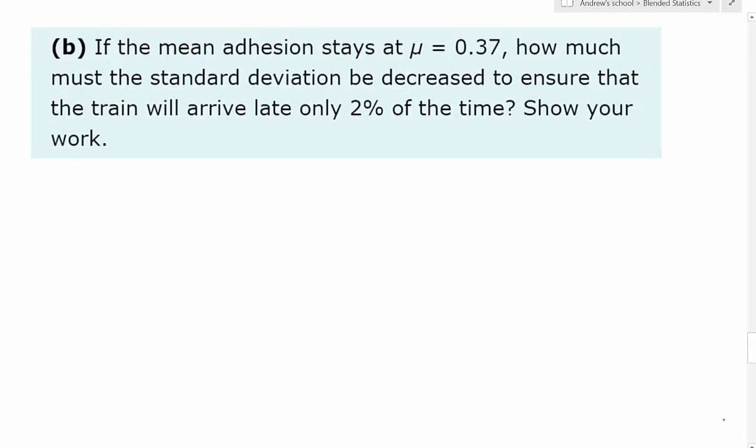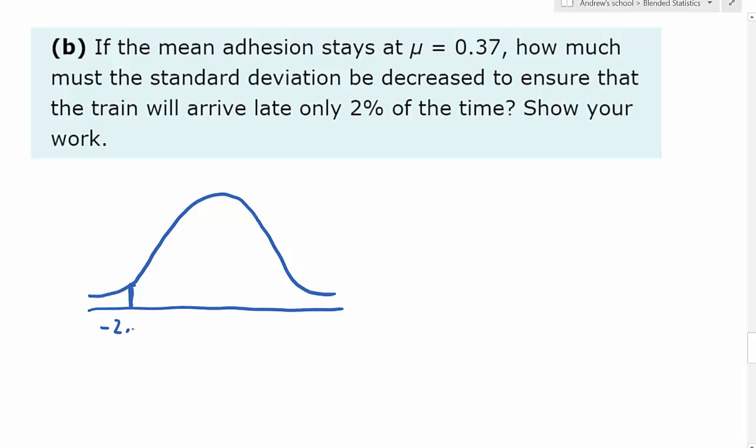Part B says if we keep the mean at 0.37, how much would we have to reduce the standard deviation to have the 2%? As before, we know that the 2% cutoff needs to be 2.054 standard deviations below the mean.